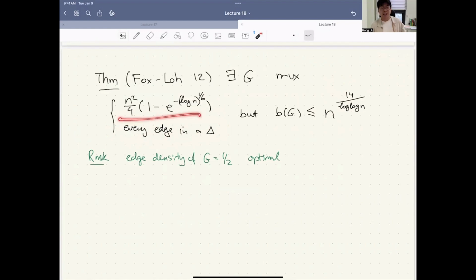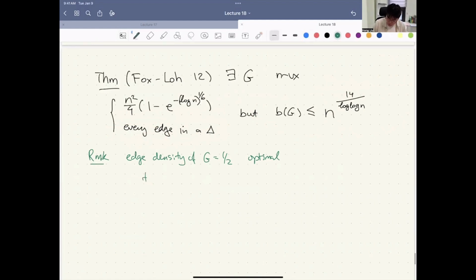When you just have slightly fewer edges, you drop from linear to subpolynomial. So there's this transition of book size at density 1/2 from linear, n/6 actually, to subpolynomial.